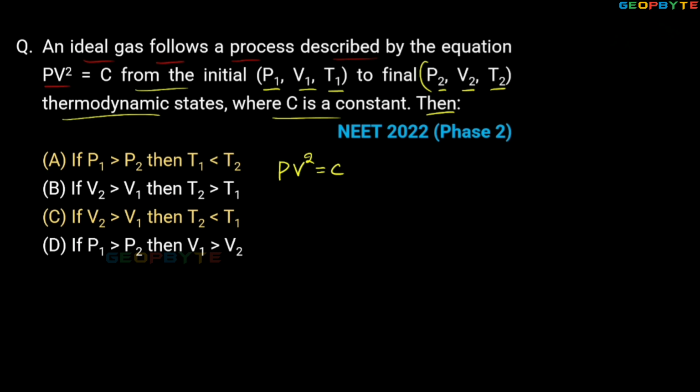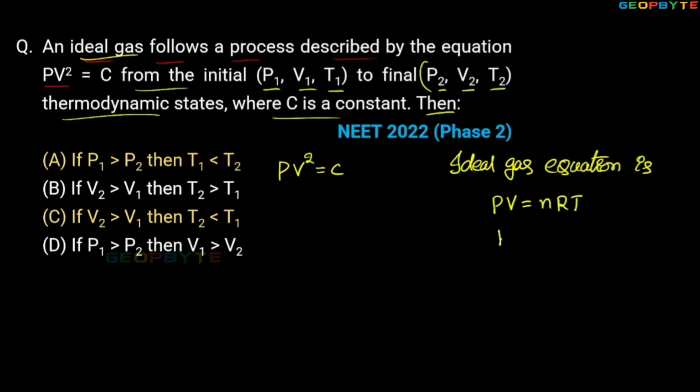For that, as you know, it is given for an ideal gas. Ideal gas equation is PV equal to nRT.